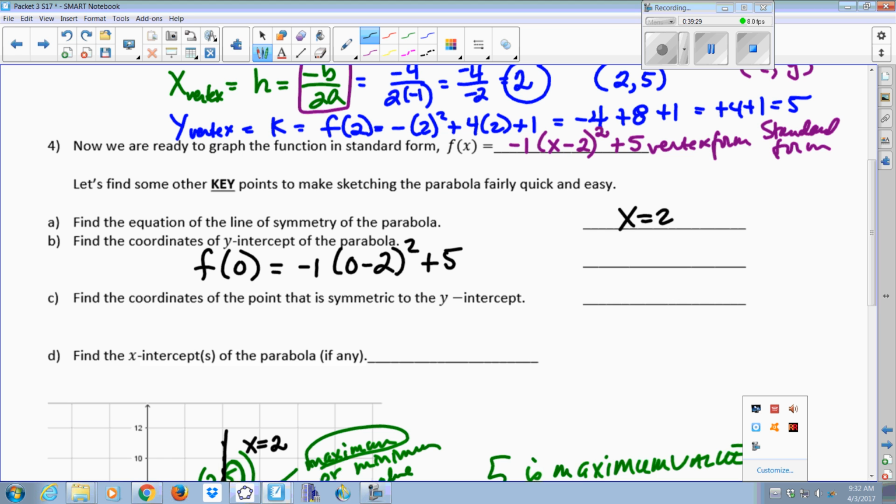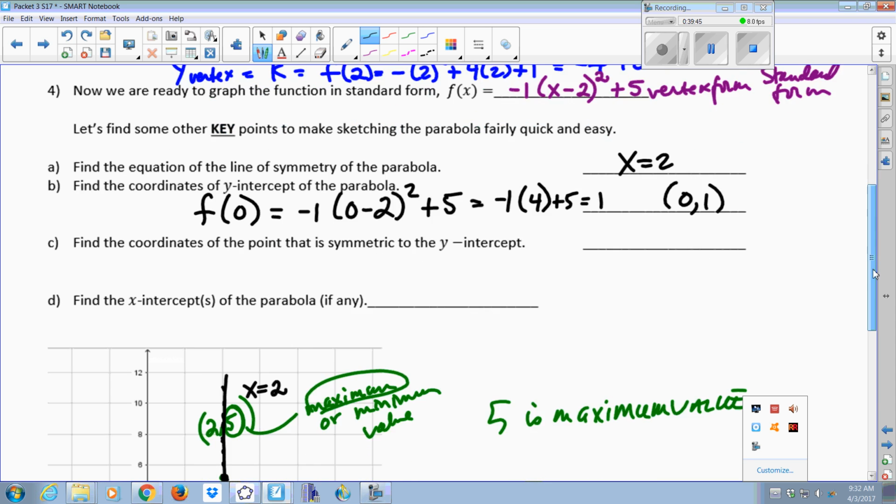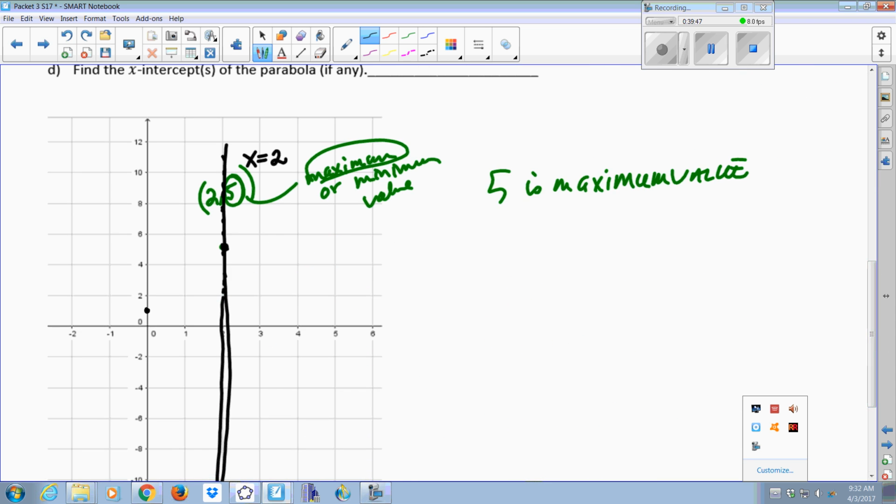We know that it's 0, 1 from the original form, but let's just play this out. Equals 1. So 0, 1 is our y-intercept. So we go to 0, 1.